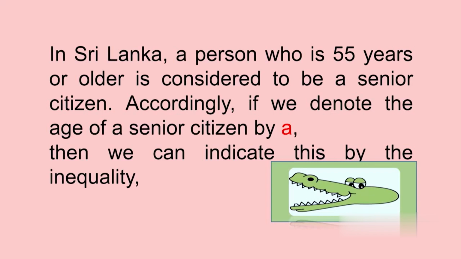Accordingly, if we denote the age of a senior citizen by simple A, we can indicate this by the inequality, A is greater than or equal 55. Okay children, now you know how to build up an inequality.